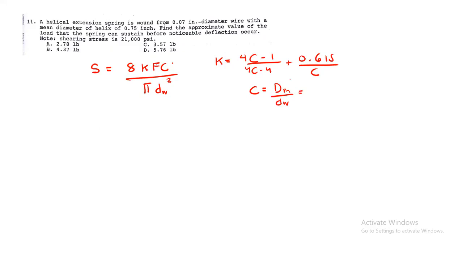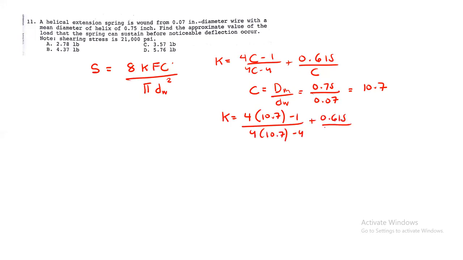So ilan yung mean diameter natin dito? 0.75 divided by wire diameter na 0.07 equals, ilan yan? So C natin dyan is 10.7. So pag sinubstitute natin dito sa K, 4 times 10.7 minus 1 over 4 times 10.7 minus 4 plus 0.615 over 10.7. So ilan to? Lalabas dito is 1.135.